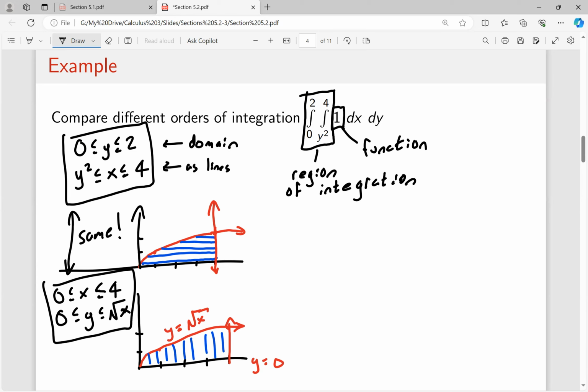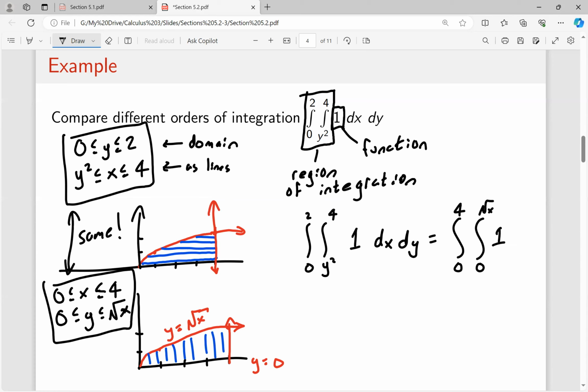Which means that if I swap integration, so 0 to 2, y squared to 4 of my function, which is just 1, dx dy, if I swap integration, then the outside becomes 0 to 4, and the inside becomes 0 to square root of x. And the function just stays the same, dy dx.